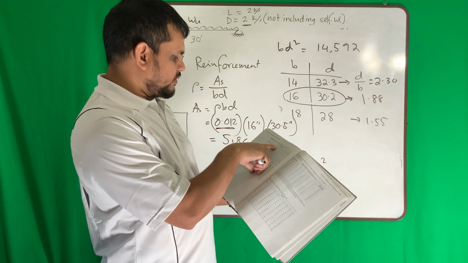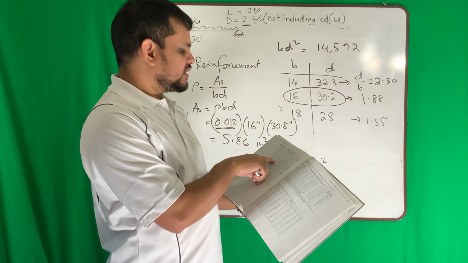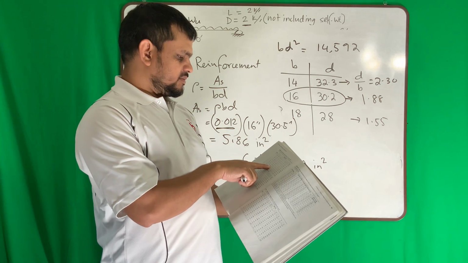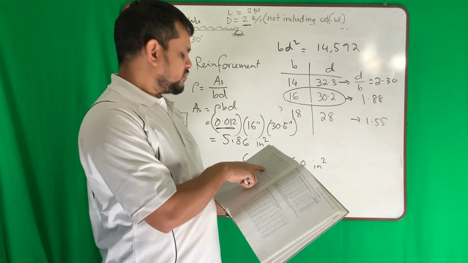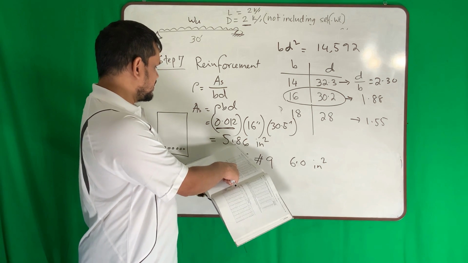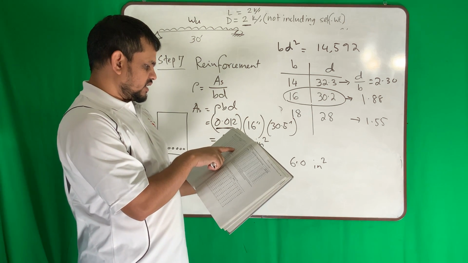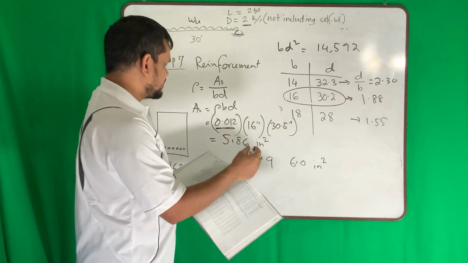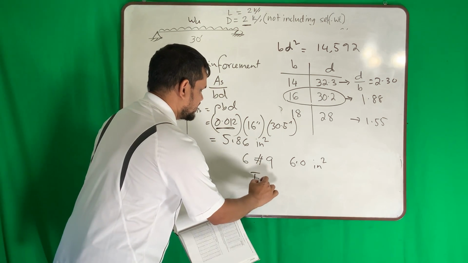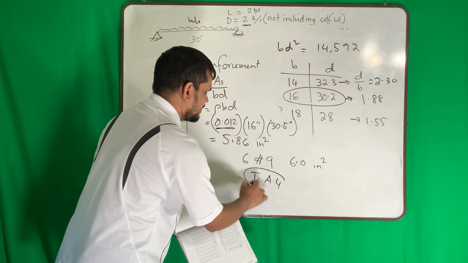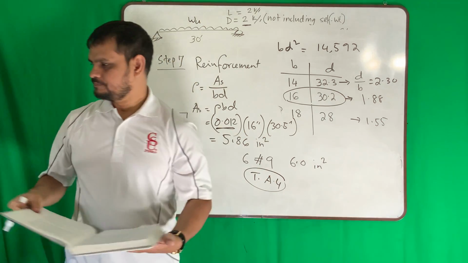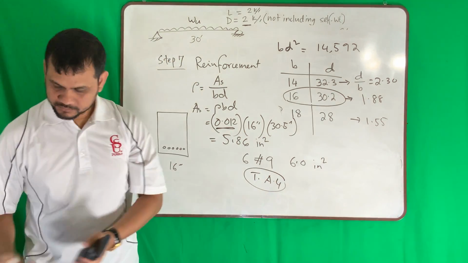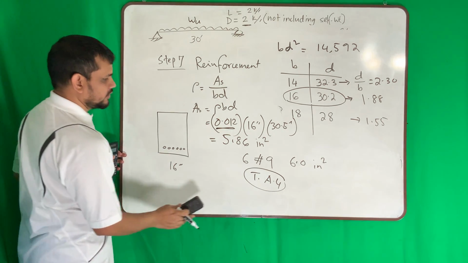If I provide 4 number 11, 6.25, but not a good size, because I should not provide more than this. Actually, there is no other good size. So I am using table A4. We will see whether it is okay or not.